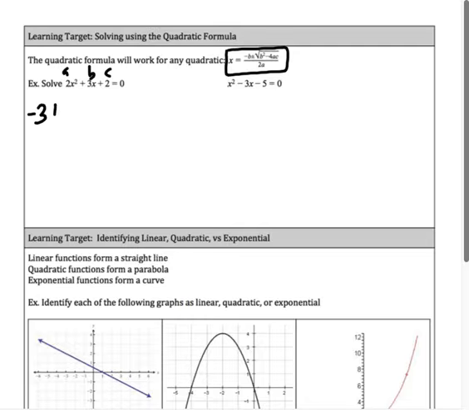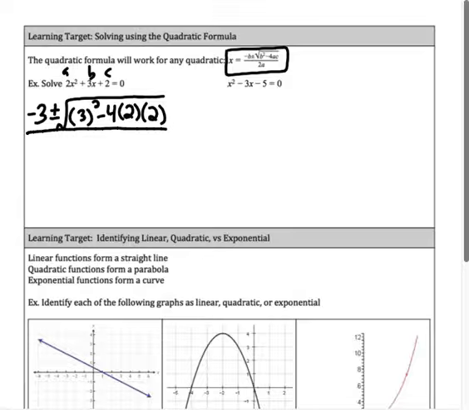Negative B plus or minus the square root of B squared minus 4 times A times C all over 2 times A. And remember, the first place I like simplifying is inside the square root, right?